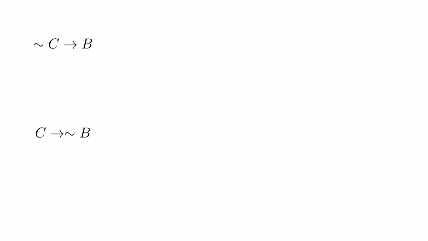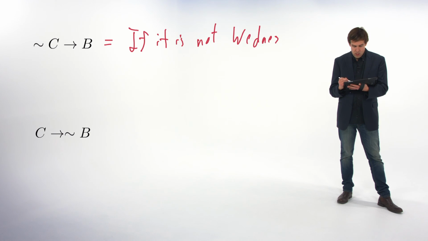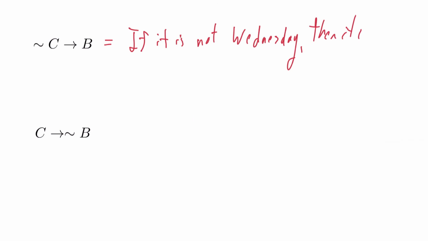Now we're getting a little bit tricky. Not C implies B. What does that mean? That means if it is not Wednesday, then it is Tuesday. Which also doesn't necessarily square well with our logical intuition, that would not be a statement with truth in it.